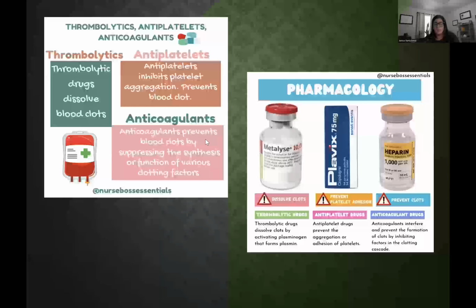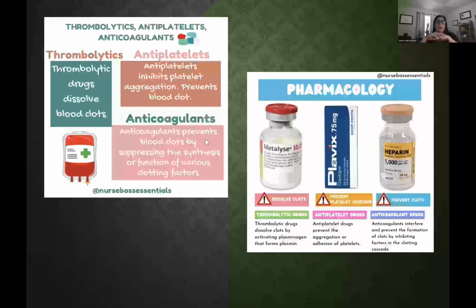Now, there is something that I want to make sure that you guys know. It is the difference between thrombolytics, antiplatelets, and anticoagulants. Especially in this unit exam, we cover antiplatelets and anticoagulants. Now, let's review. Antiplatelets are medications that inhibit your platelets from sticking to each other and then developing this little mountain of platelets, which can cause a clot.